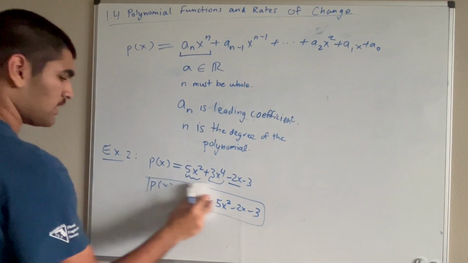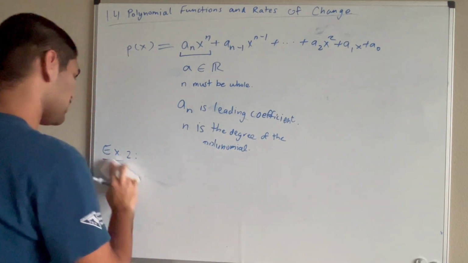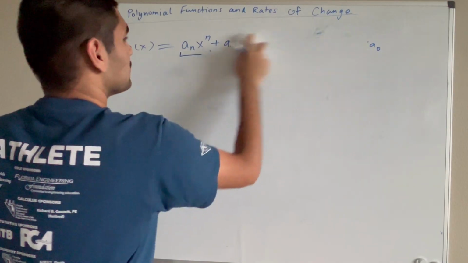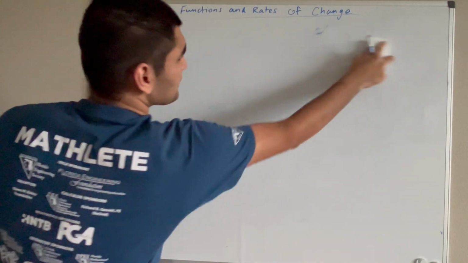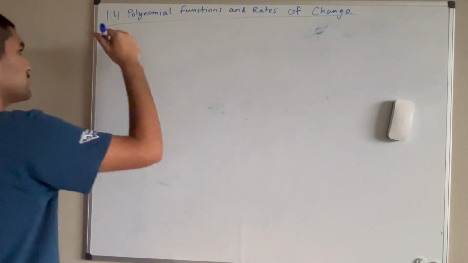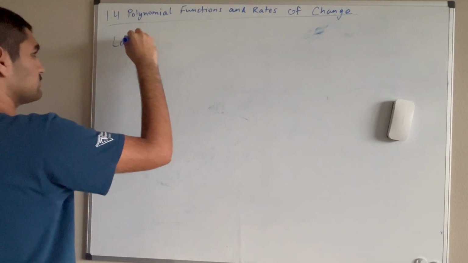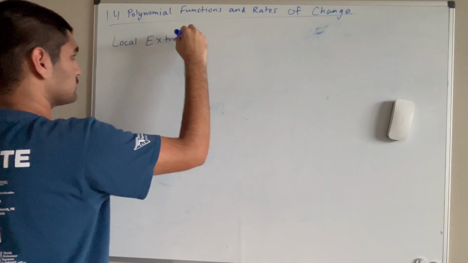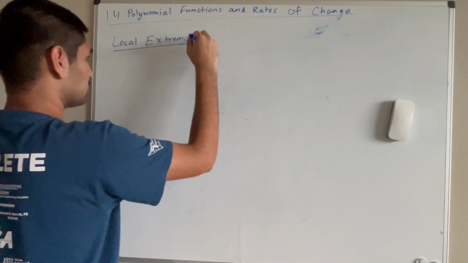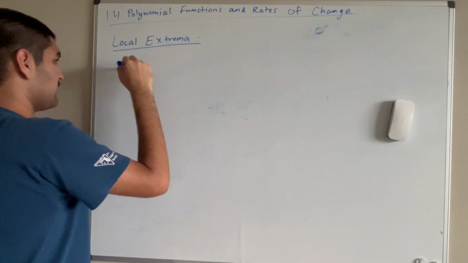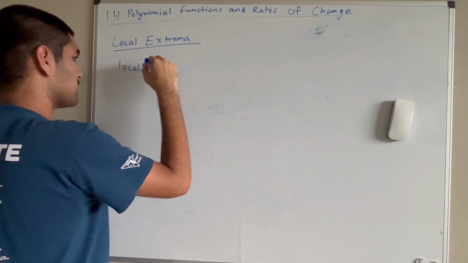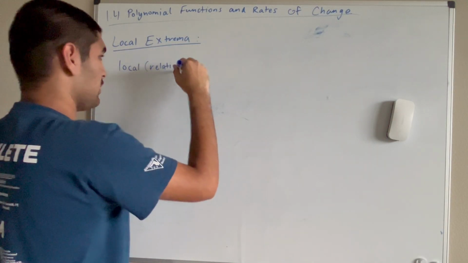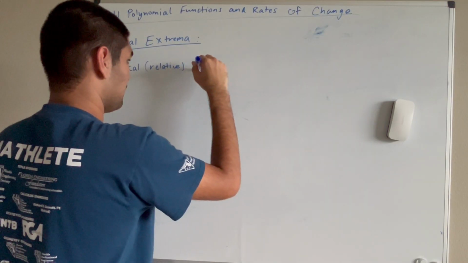All right, now let's move into extrema. And more specifically, let's talk about local extrema. So first, let's start with the definition of a local, or sometimes it's also called relative, but they mean the same thing. Local slash relative minima.